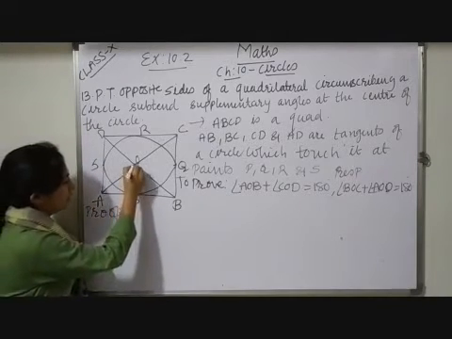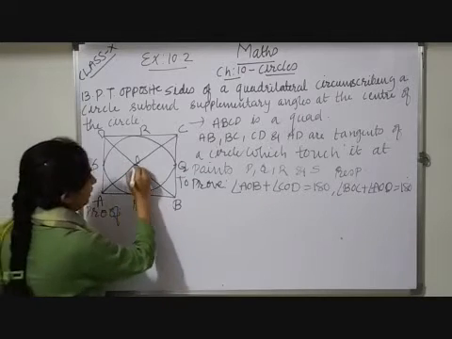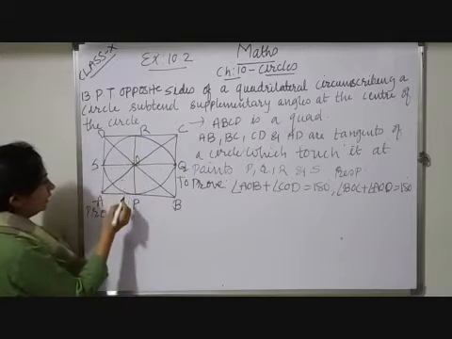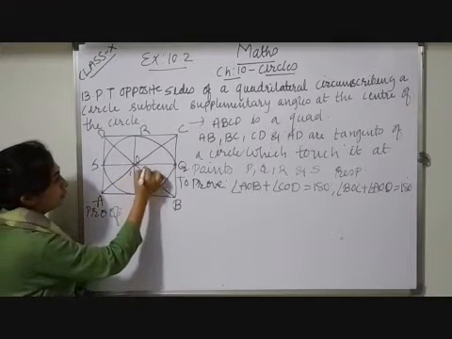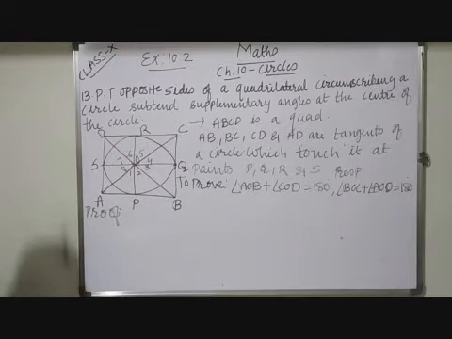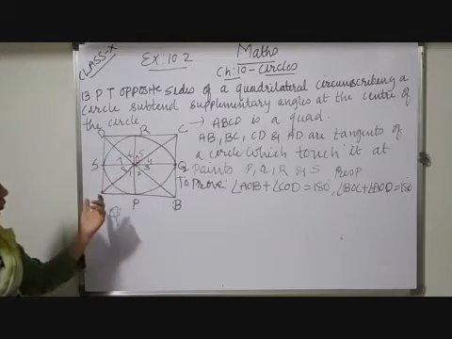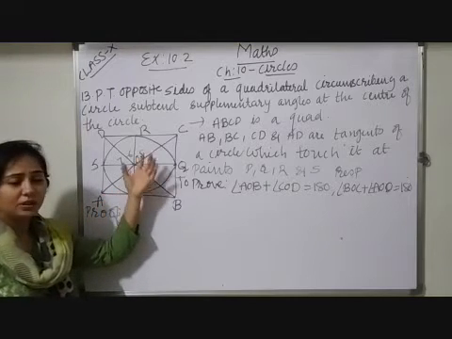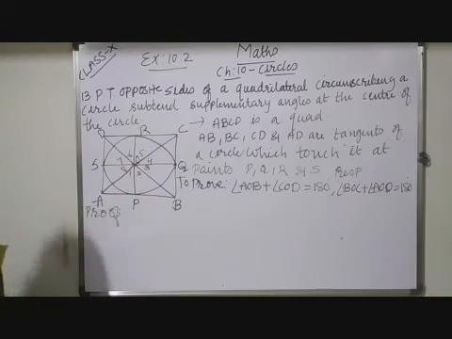If I join the center and the points of contact, they will be radii. Now observe, here I am labeling the angles 1, 2, 3, 4, 5, 6, 7 and 8. In place of labels 1 to 8, you may write all the angles separately, but if you write 1, 2, 3, 4 in that manner, it will be easier to write.